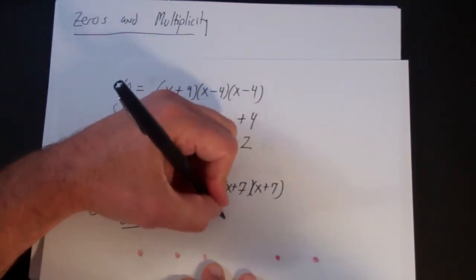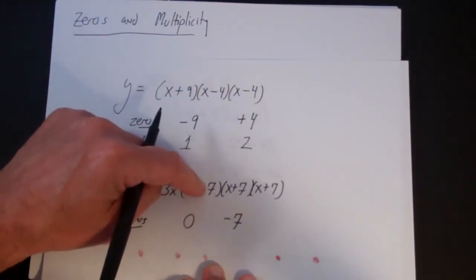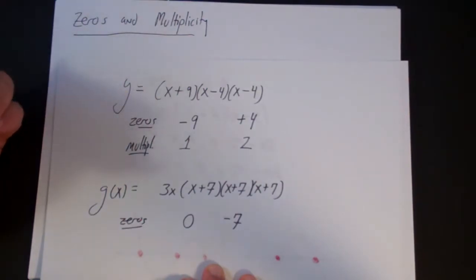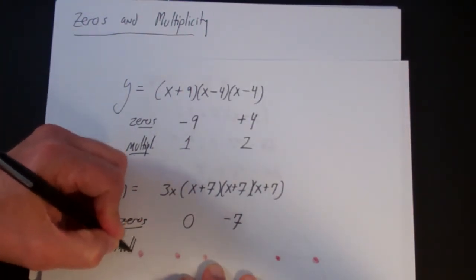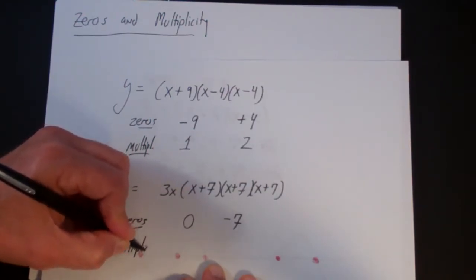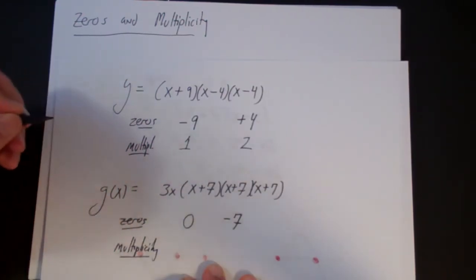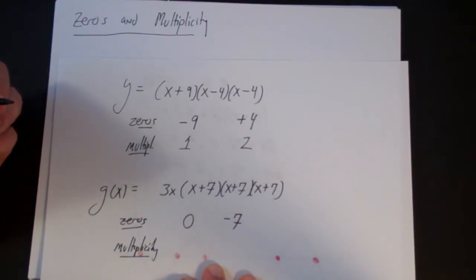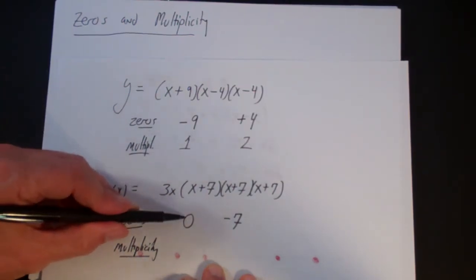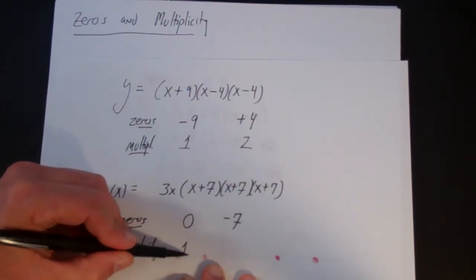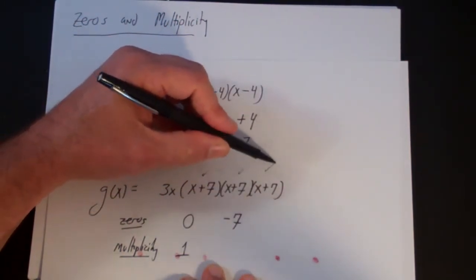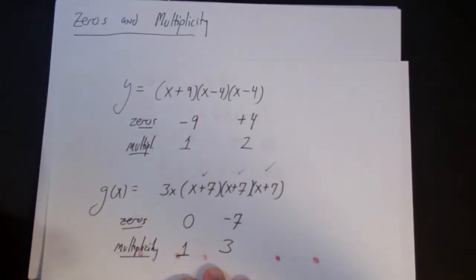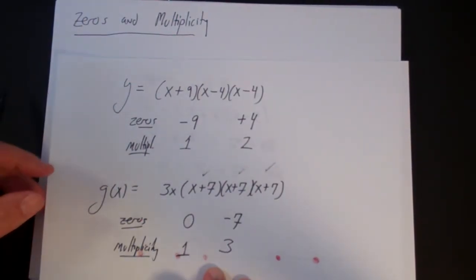The other 0 is going to be a minus 7, because if you plug a minus 7 in here, you get 0. Now, let's talk about the multiplicity. The multiplicity is how many times it is a 0. In this case, 0 is a 0 just once, but negative 7 is a 0 once, twice, 3 times, so it has a multiplicity of 3.